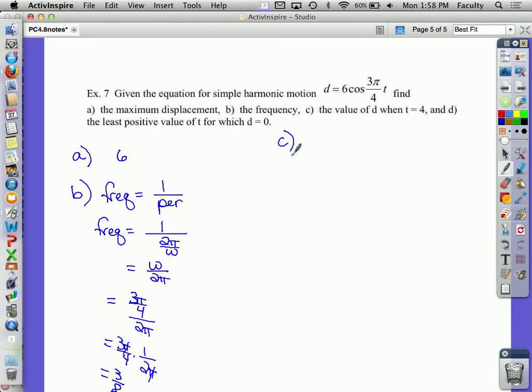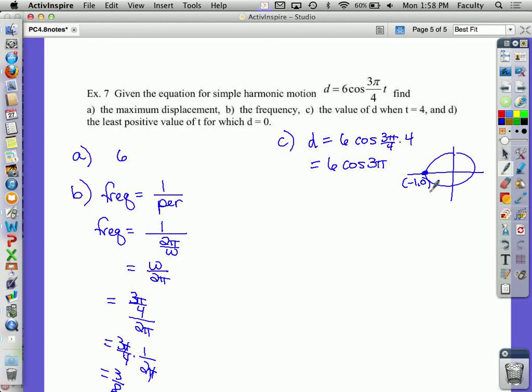All right, letter C says find the value of d when t is 4. So you plug in that t is 4. The 4's cancel. And remember, we're trying to get away from redoing the entire unit circle all the time. But the cosine of 3 pi, well, one time around is 2 pi, so 3 pi is right over here.